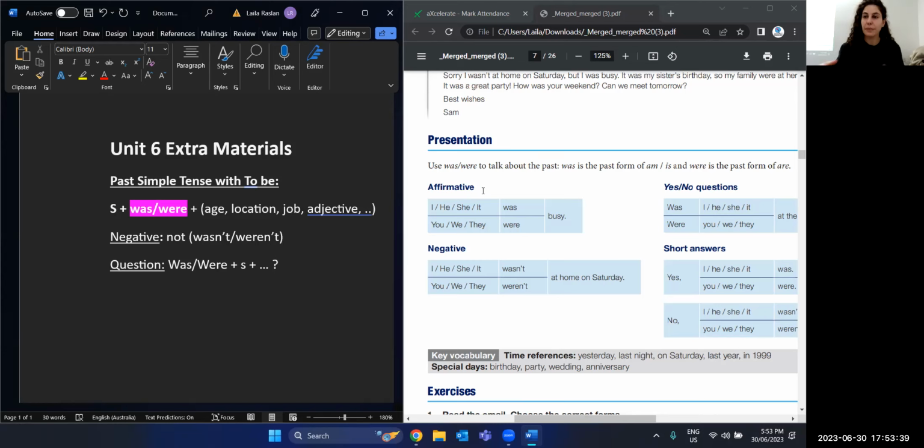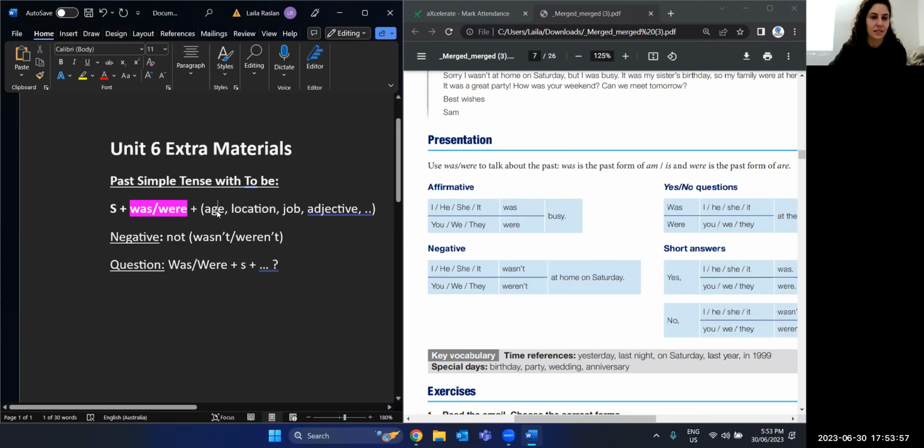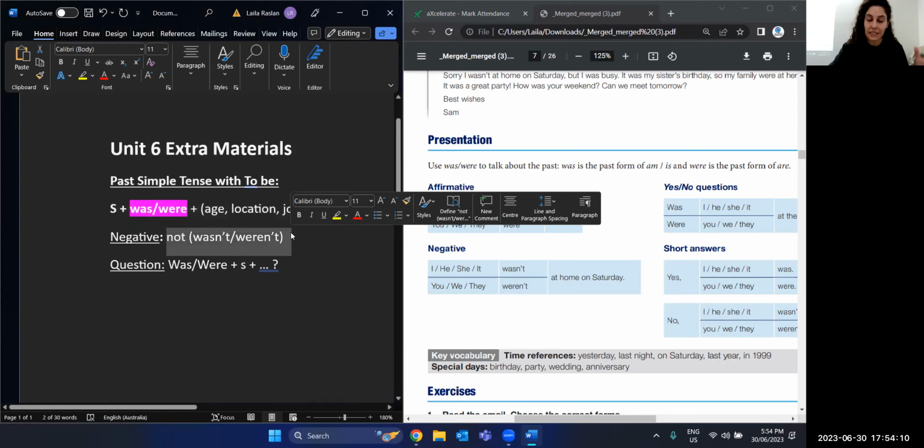So affirmative means to make a sentence. Like I was teaching yesterday. I was at the college. I was 20 years old, however many years ago. She was whatever. So it's just a sentence. It's called an affirmative. Negative, you didn't do it.